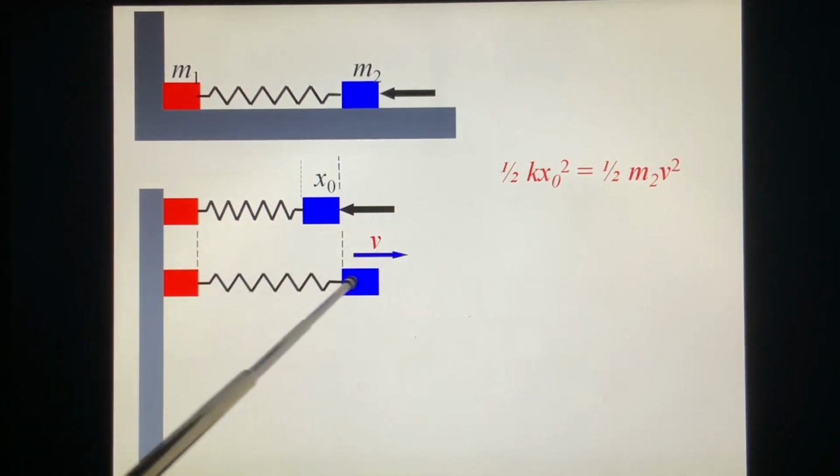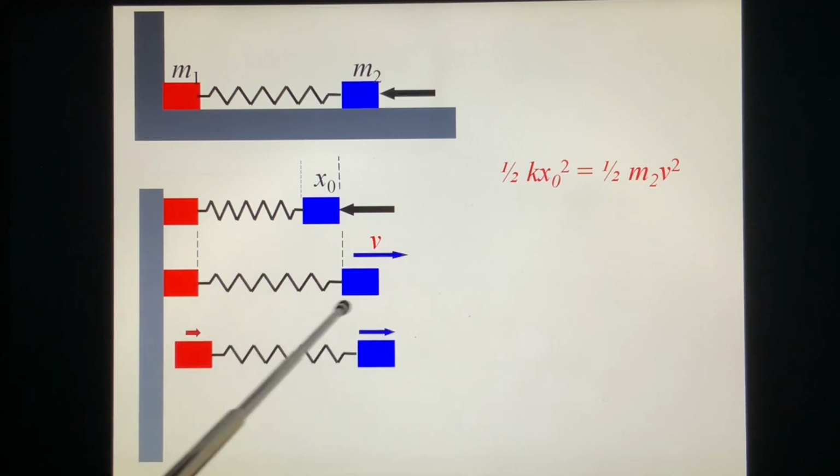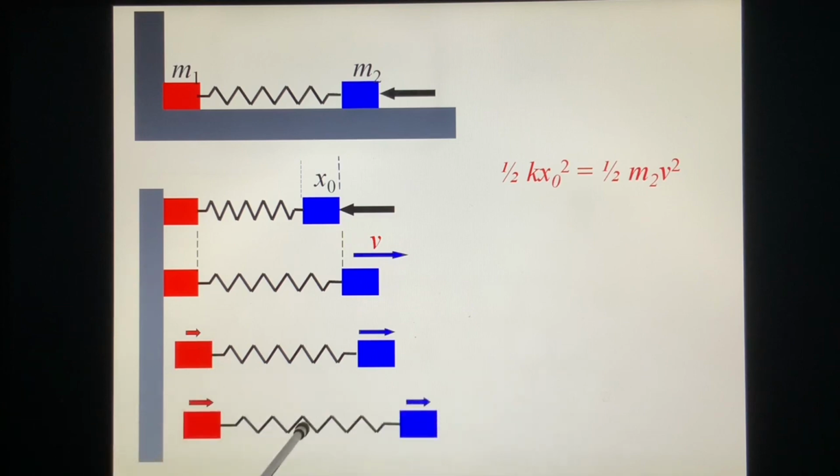Next, the block moves and the spring pulls the other block. From that moment, there's no external force acting on the system. So sigma F equals zero. That means the linear momentum is conserved. At the beginning, the velocities of the two blocks are different. This one fast, this one slow, and gradually the spring extends to the maximum extension.